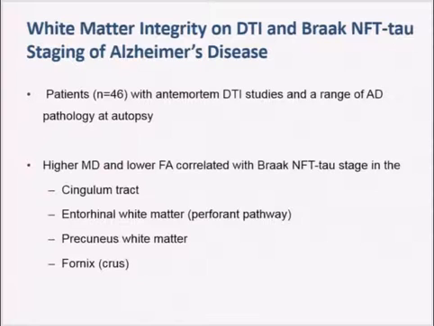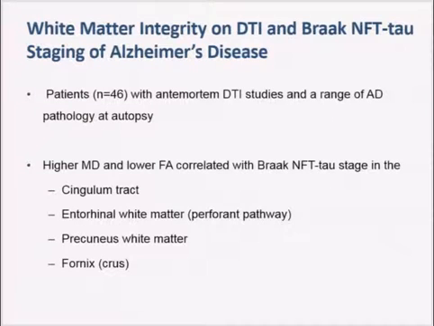Now, we have investigated whether abnormalities in these tracts really correlate with the Braak neurofibrillary tangle staging of Alzheimer's disease. With tau imaging, which will be mentioned later, it might be possible to do these studies in vivo. But at this time, we had a group of patients who had ante-mortem diffusion tensor imaging and a post-mortem Alzheimer's disease diagnosis at autopsy.